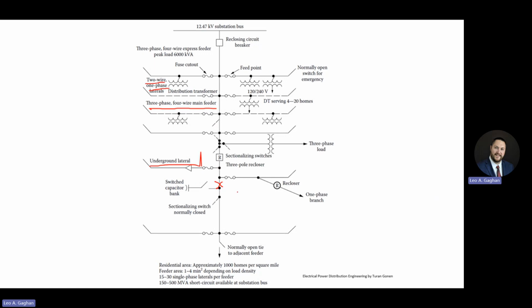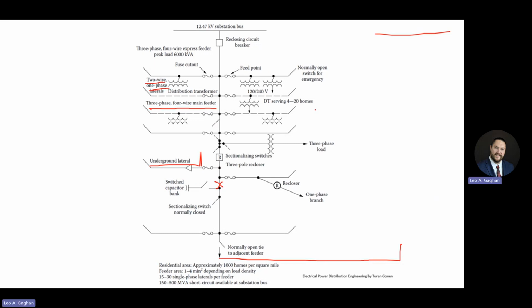And then down here, it looks like it's actually got a normally open tie to an adjacent feeder. In that situation, think of a very similar feeder, so just imagine I was copying and pasting all of this and putting it over here.